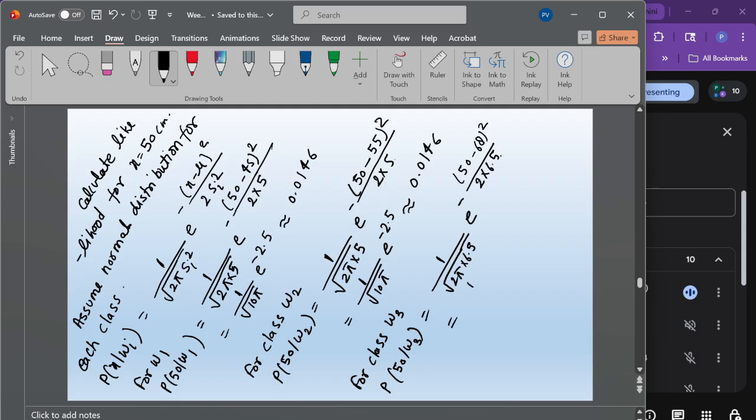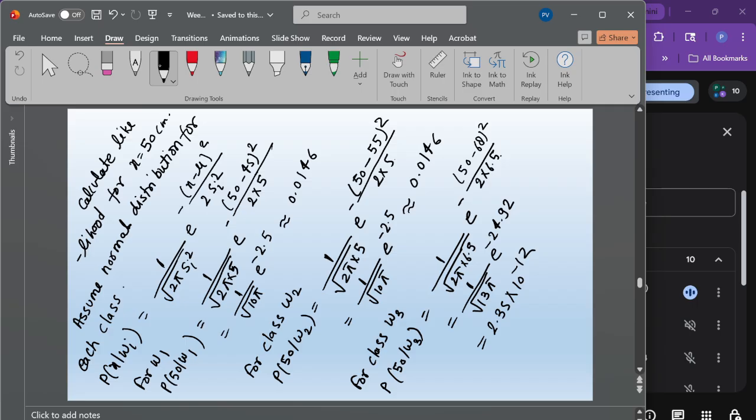So here if you just calculate it, 1 by root 13.5 and e to the power minus 24.92. Now if you calculate, you will get 2.35 into 10 to the power minus 12. Okay, you can calculate it later, I have already calculated. Okay, so the minimum error rate rule assigns the sample to the class that has the highest likelihood.